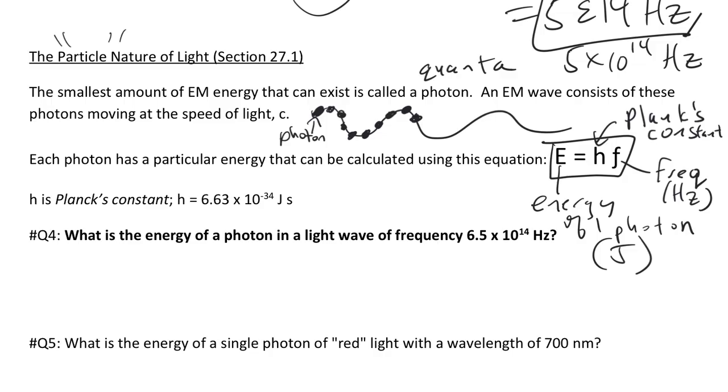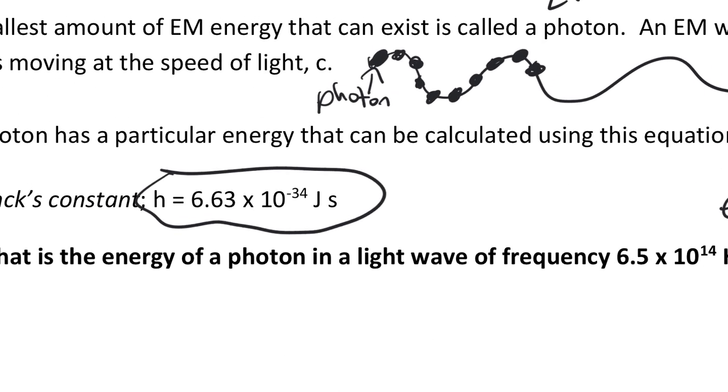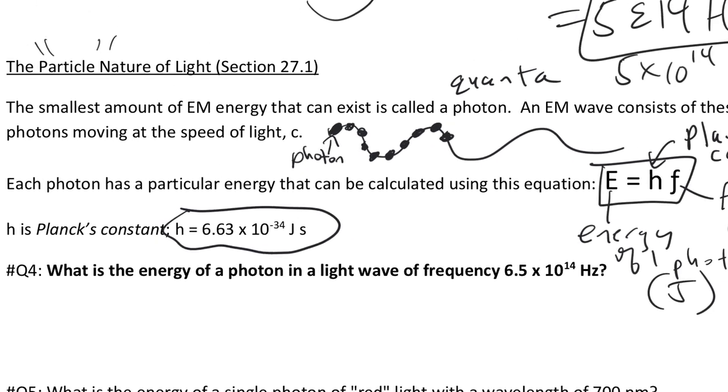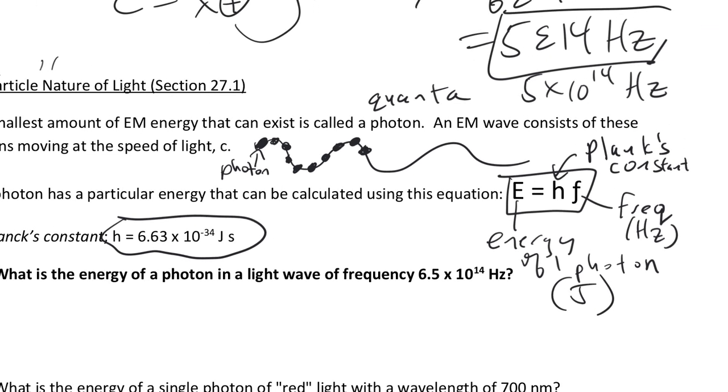Very famous constant that we'll only talk about in this particular unit, but it's all over the place in modern physics, used in a lot of equations. So Planck's constant is always going to be that 6.63 times 10 to the negative 34. That'll be on your equation sheet, of course, as will be the energy of a photon equation.